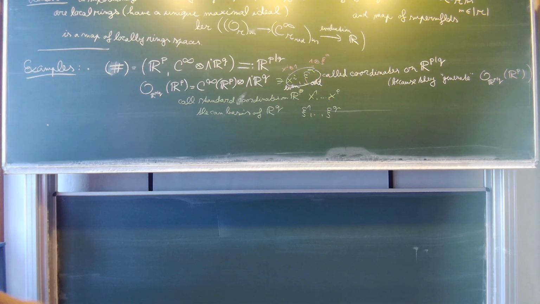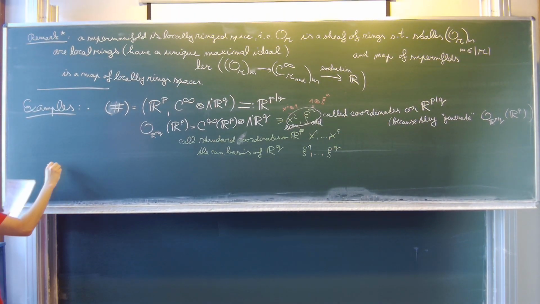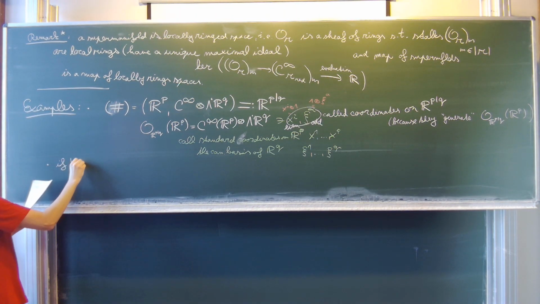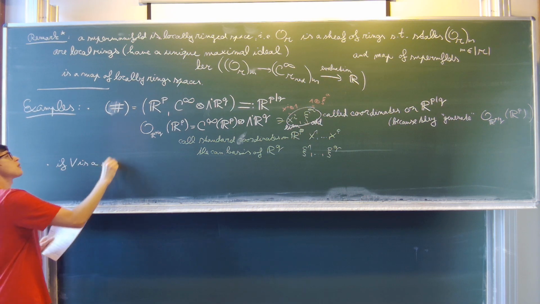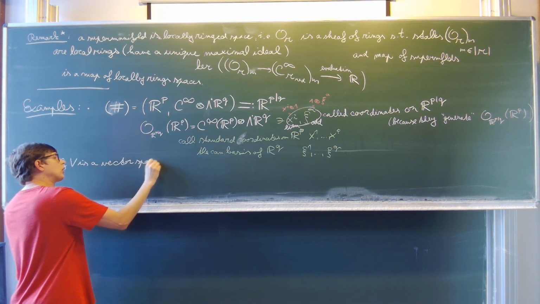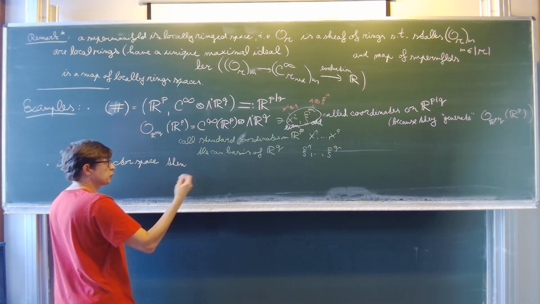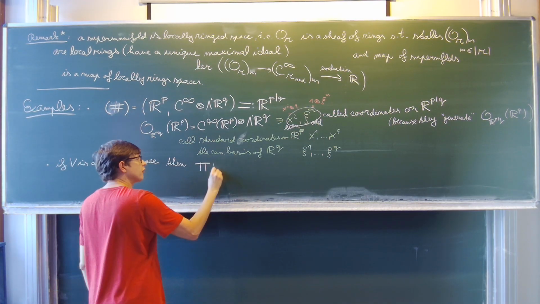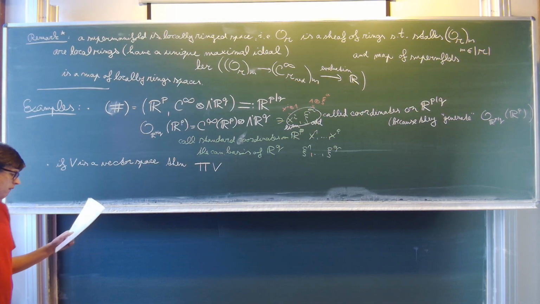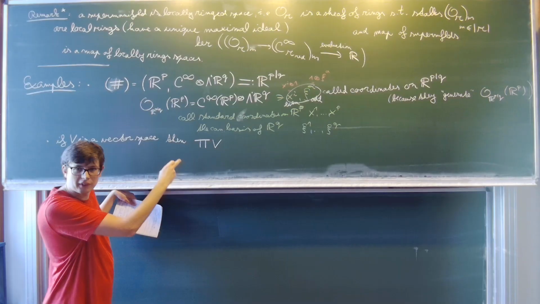Example 2, which I prepared before I prepared example 1, which means that it's a little bit not really useful, but anyway. If V is a vector space, it will be a special case of that. If V is a vector space, then we can define a supermanifold, which is called Pi V. This is capital Pi, in case there is someone who likes typography.